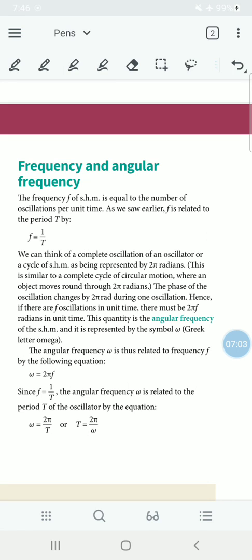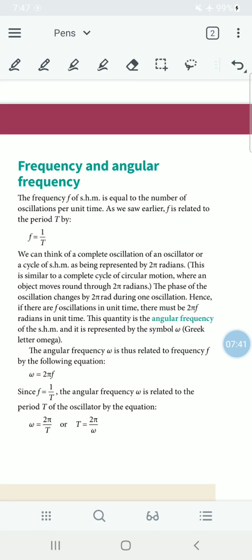A single oscillation is considered to be similar to one whole circle of circular motion, which is equal to 2 pi radians or 2 pi rad.